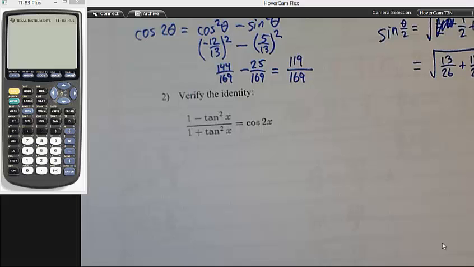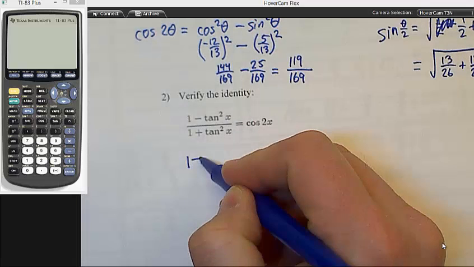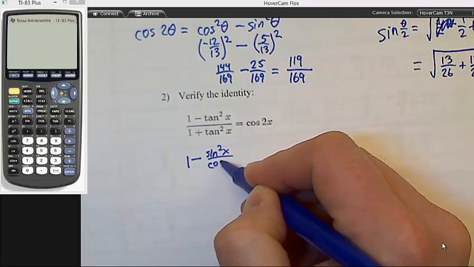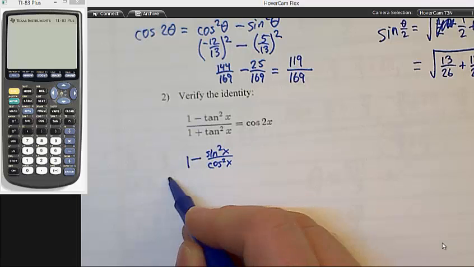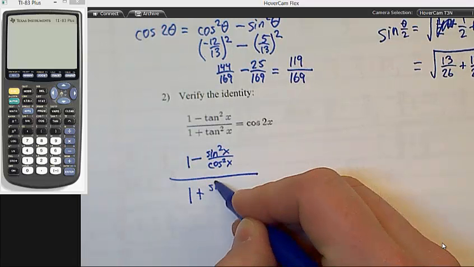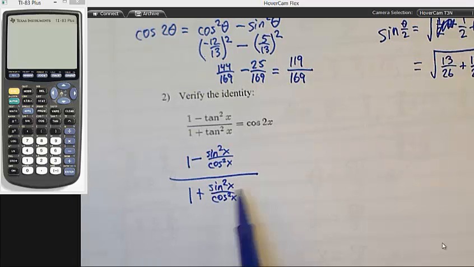I think the most common thing people did was this. 1 minus sine squared x over cosine squared x, and then 1 plus sine squared x over cosine squared x, right? Oh, yeah. That seems like a common thing people tried. But it's really ugly with all the fractions, right?